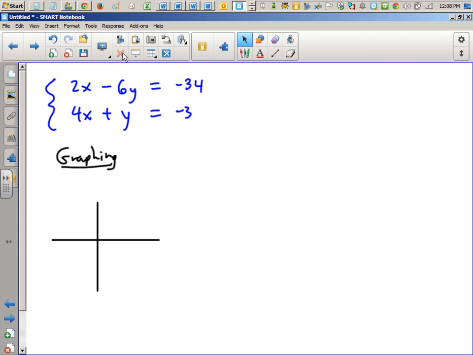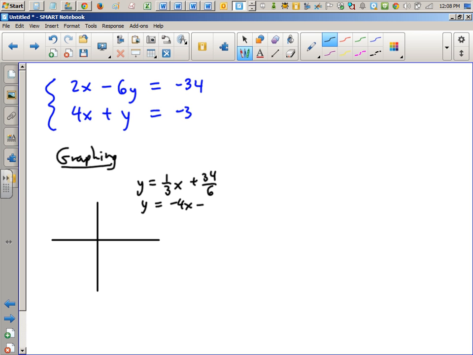You might want to put them in y equals mx plus b form first. That will help you get things organized. So y is equal to 1/3 x plus 34/6. That's the first line. And the second line is y equals negative 4x minus 3.